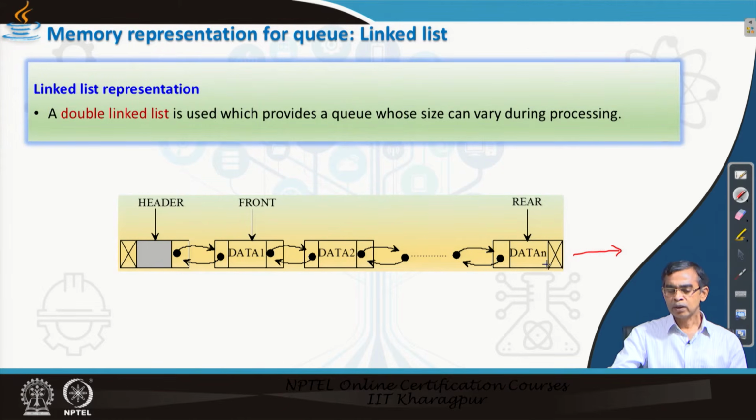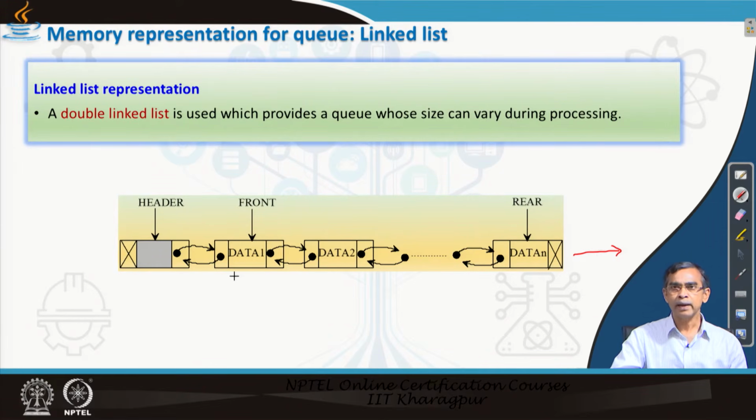So enqueue is equivalent to insert at end, if end is the end of the list. And when you go for removing, removing is basically delete at front.